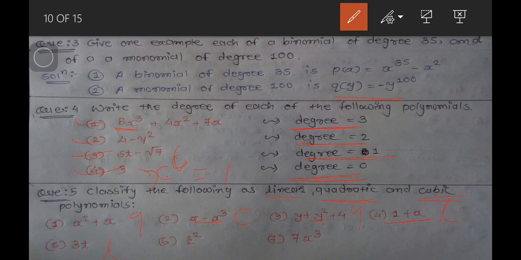In example 6, the exponent of r is 2, then degree of polynomial is 2, and it is called quadratic polynomial. And last one, 7x raised to cube, then here the degree of polynomial is 3, then it is called cubic polynomial. So this was the solution of exercise.